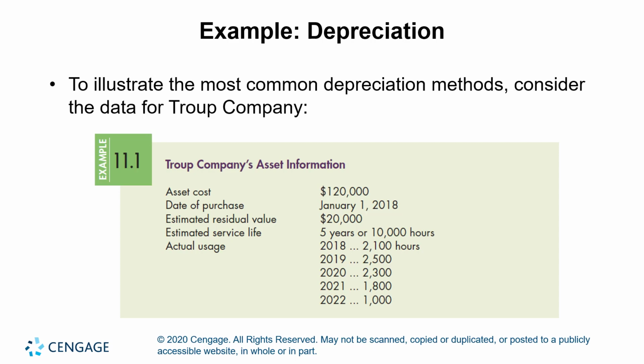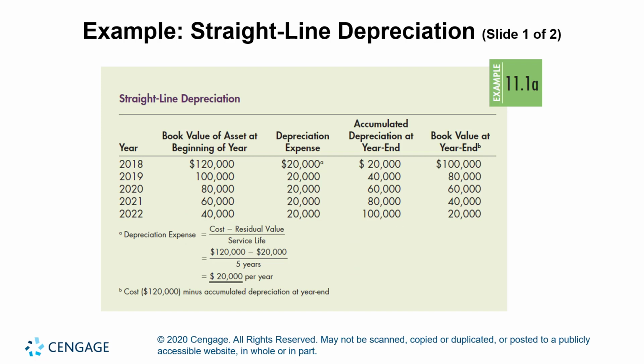So an example of straight line, so we have the beginning book value of the asset. To get to the depreciable basis, we take cost 120 minus the residual value 20, which equals 100, divided by 5. So depreciation for straight line purposes is 20,000 per year. We're going to depreciate to this residual value. So we have a beginning book value. We take depreciation expense straight line of 20,000.